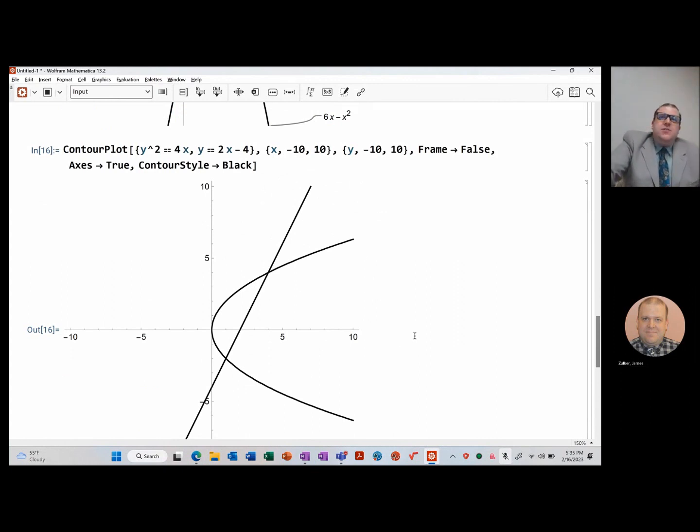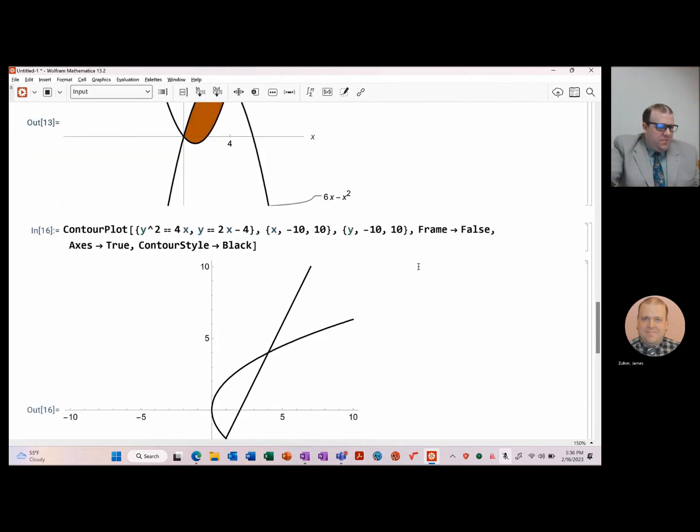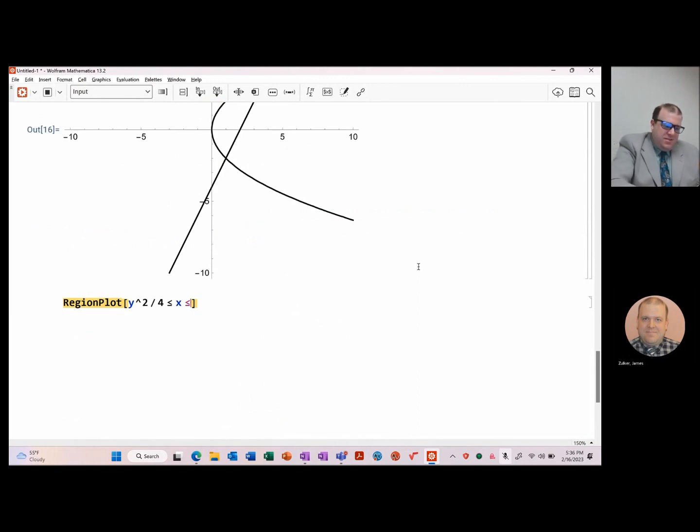I'm going to define this as functions of y. So x is going to fall between what and what? Well, clearly this is the lower bound, and then this will be the upper bound. So I'm going to go y squared divided by 4 less than or equal to x less than or equal to, and I'm just doing less than and then the equal sign, and it automatically converts it. y minus 4 over 2.